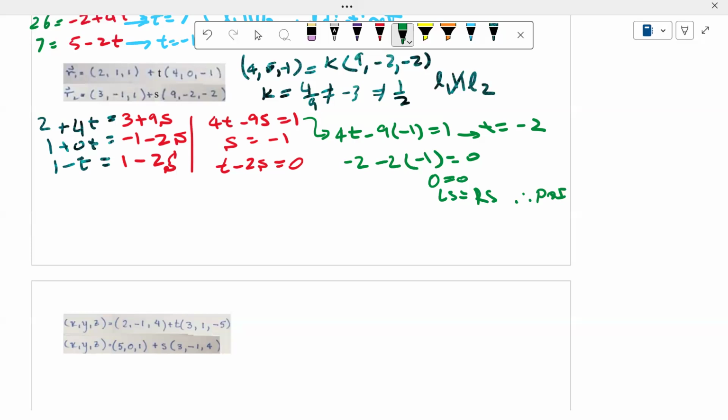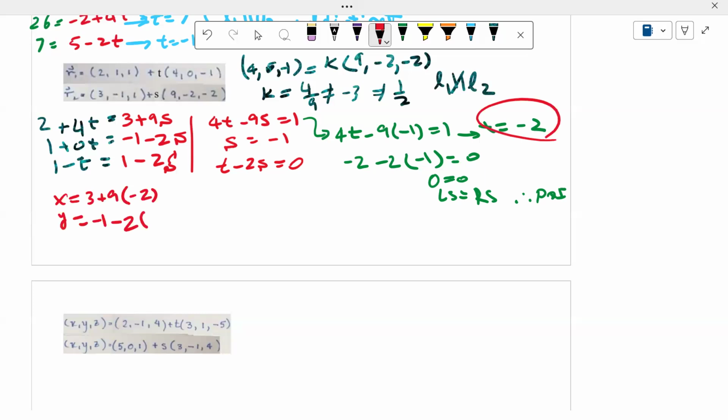So I'm going to put s and t in the first line, the parametric equation of the first line. Now I'm going to put it on the second line, to see if I get the same answers. So I'm going to have x is equal to 3 plus 9 times t, which is minus 2. y is equal to minus 1 minus 2 times, ooh, I made a mistake.